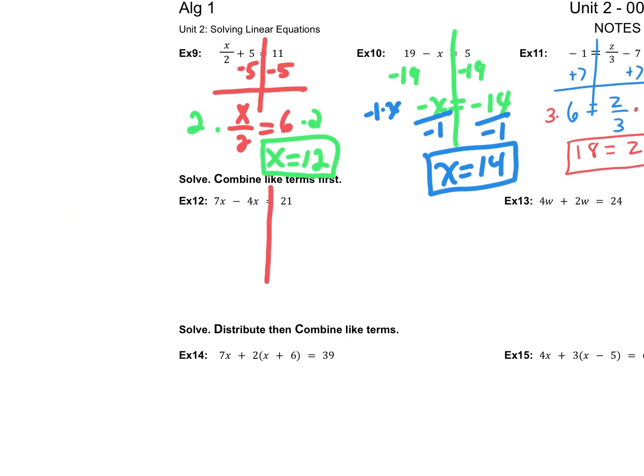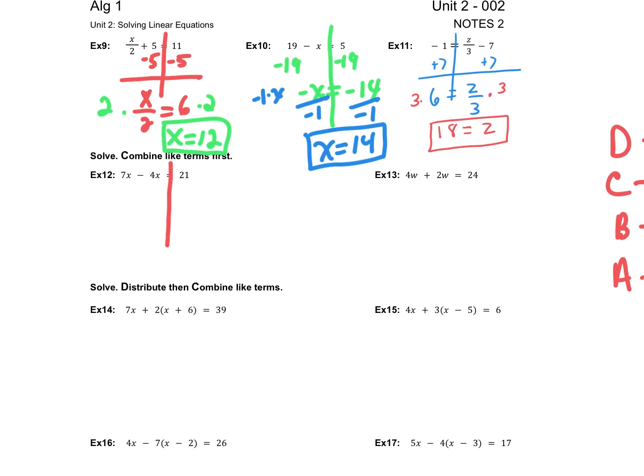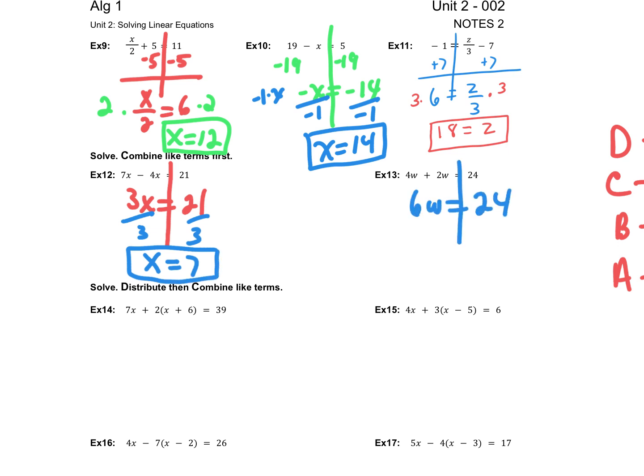Okay, draw a line here. Now this one, there's no distributing, but there is combining like terms. So it's 3x equals 21. Divide by 3. X is equal to 7. Combine like terms. Divide by 6. 4.